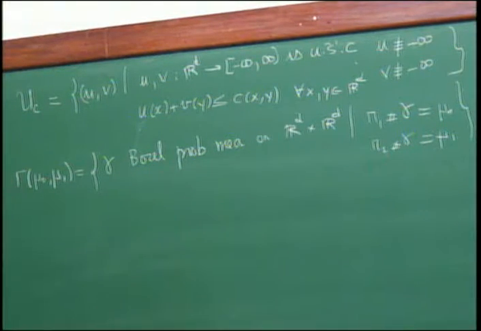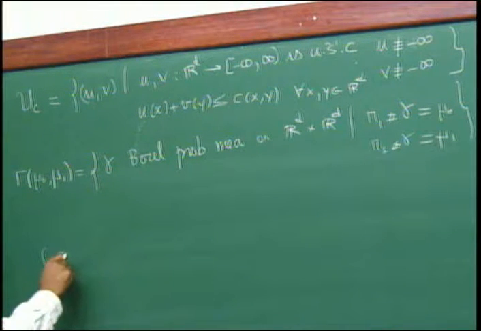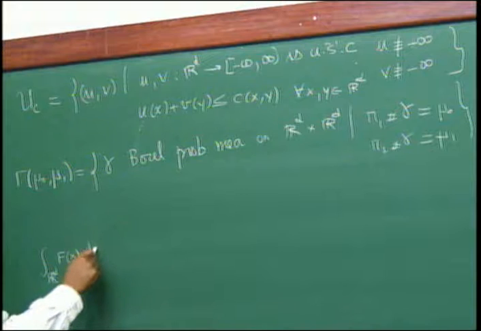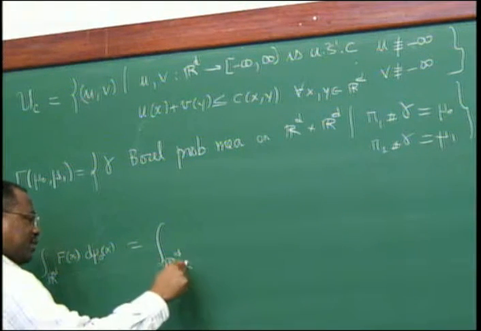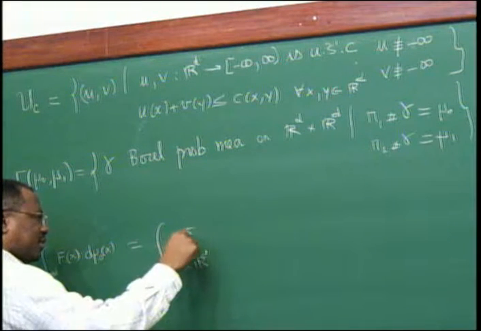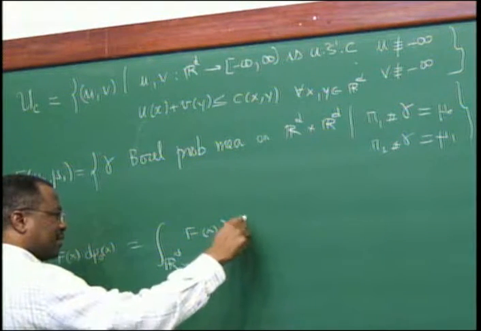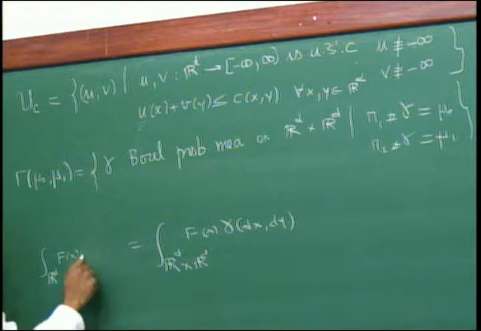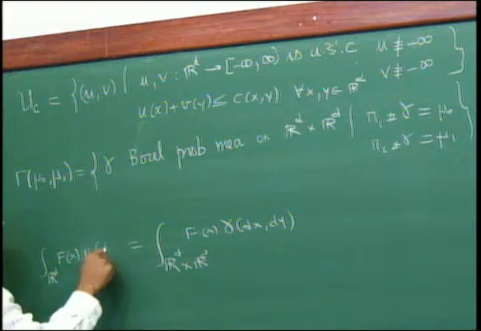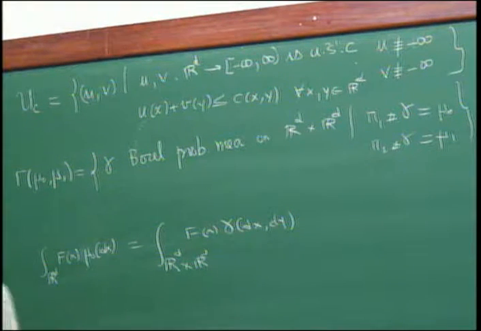And again, what this means is if you integrate over Rd a function depending only on x, you get the integral over Rd cross Rd of f gamma dx dy. And the same thing, if you integrate a function depending only on y, you get the integral with respect to gamma dx dy.